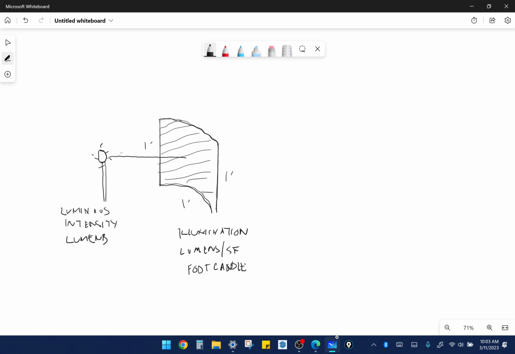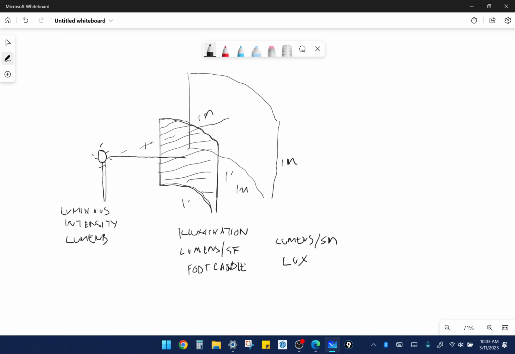Now, if we go further, and we're now out at a meter away, so 1 meter, and this is 1 meter by 1 meter. This is now lumens per square meter, duh. And that's a lux.